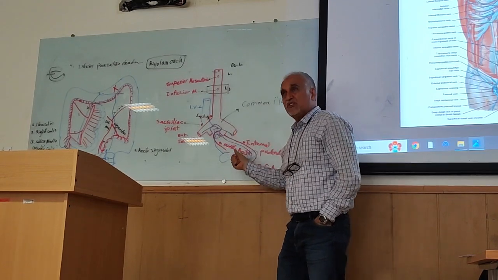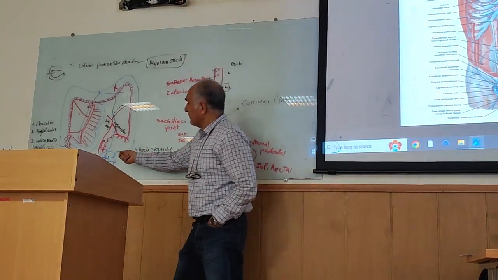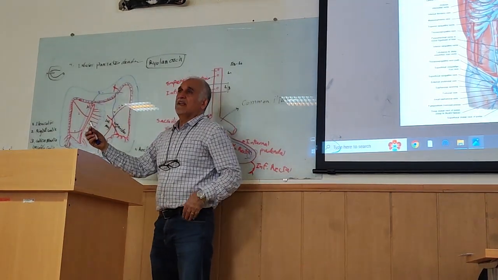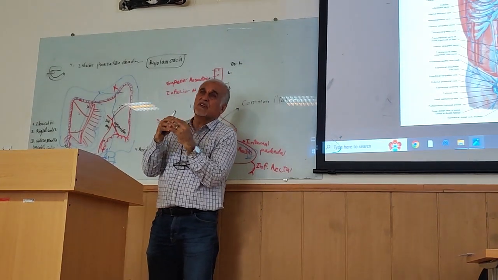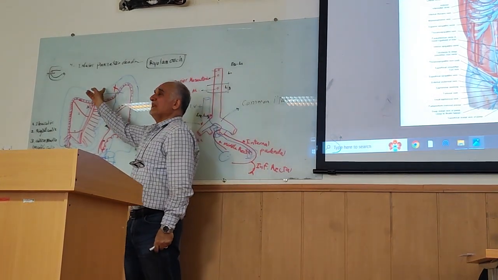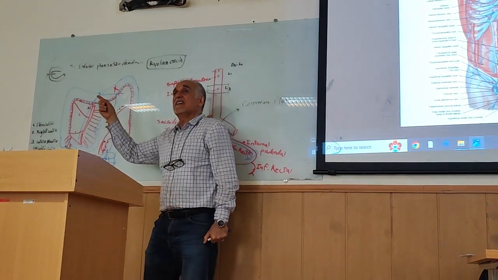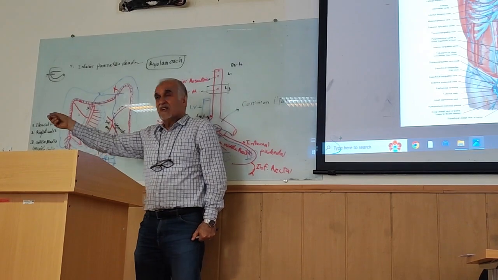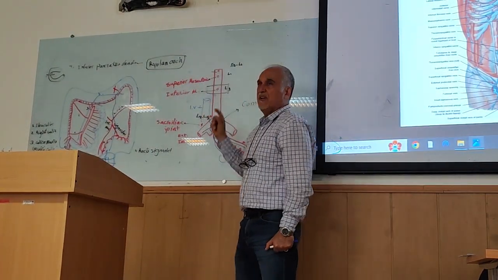So these two directly go to the IVC and this one goes to the portal, and all of these three anastomose to each other. So if there is any block here, this blood cannot go to the liver, so they drain through this to this and go here.